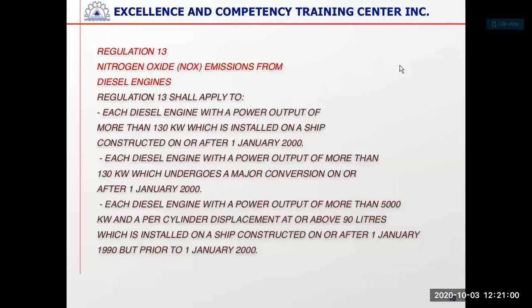So next is regulation 13 about NOx emissions from diesel engines. First we will see to which ships these NOx emissions apply. It applies to diesel engines.